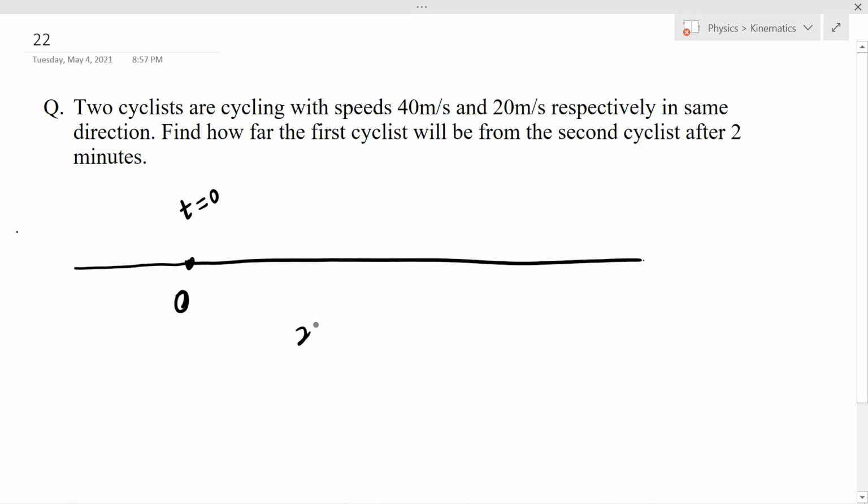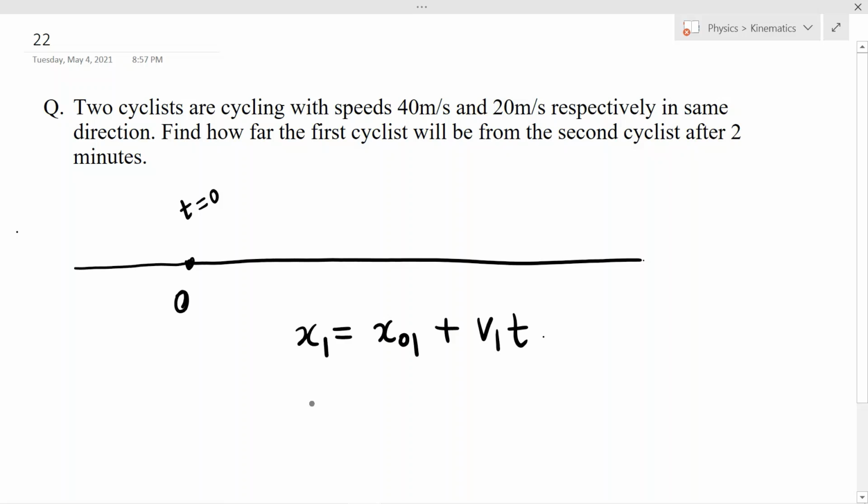So I can write the equation again. For the first cyclist, let's say this is x1. This will be x01, that is the initial position of the first cyclist, plus v1t. Now this is one-dimensional motion and I am not writing the vector sign over here.